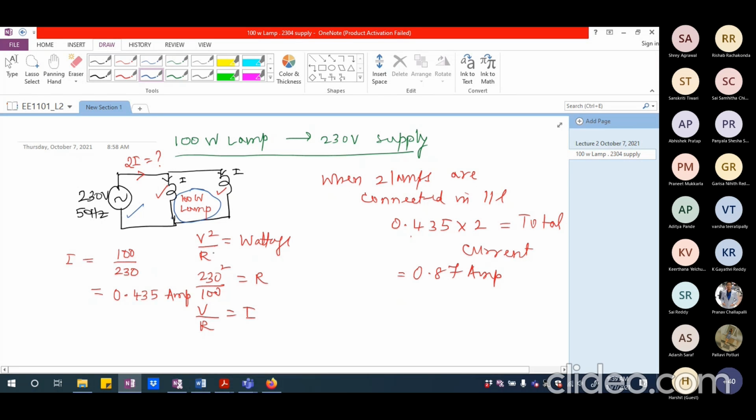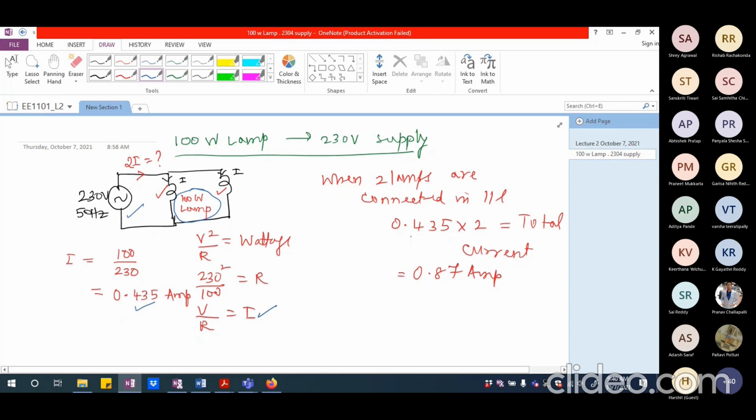That is what initially we wanted to check. Initially we had one lamp connected, we calculated the current, and we got 0.435 ampere for one lamp.